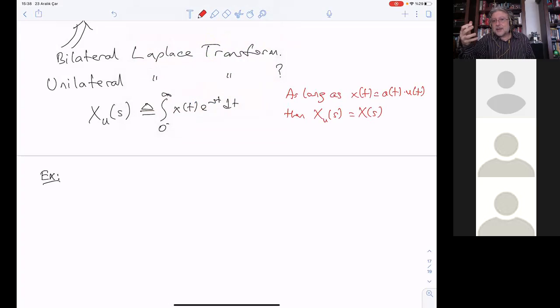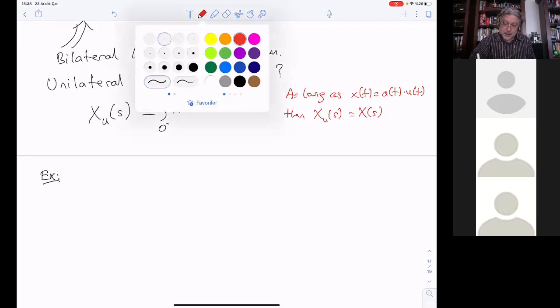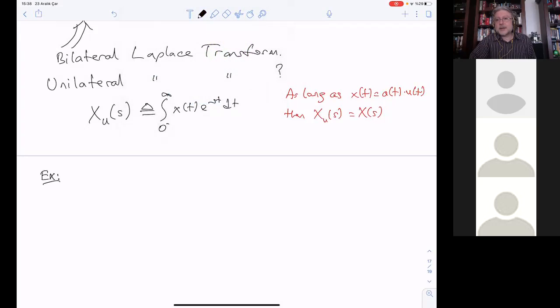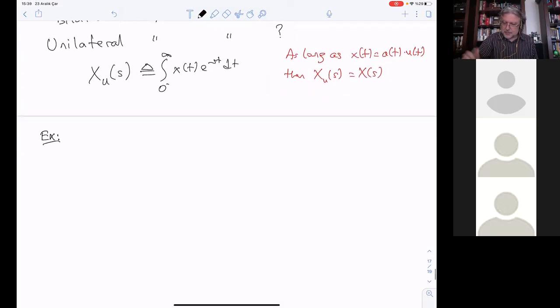But if x of t contains some information at the negative time instances, if it starts earlier than 0, then of course things tend to become different at least. It's not a problem. This is still a perfectly fine definition of the Laplace transform, but it requires further information.